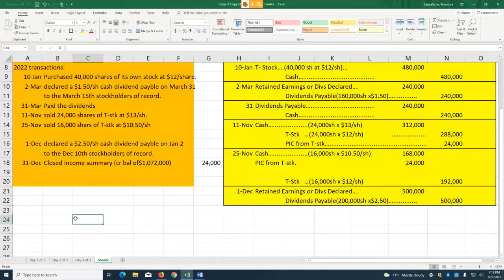By them telling you you have a credit balance, it's telling you they had a net income. Net income has a credit balance in income summary. If you had a net loss, it would have been a debit balance.